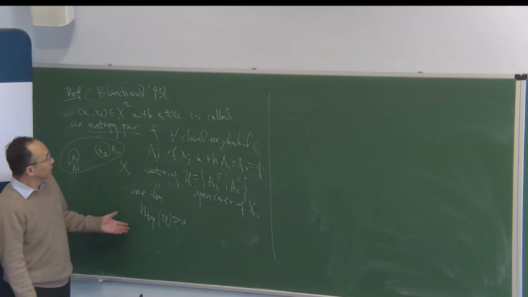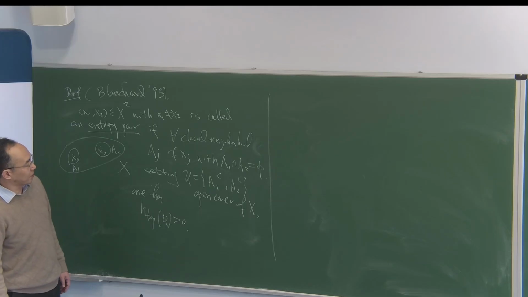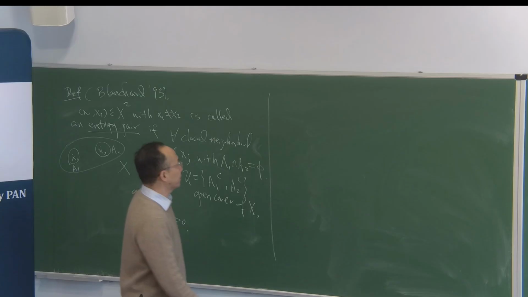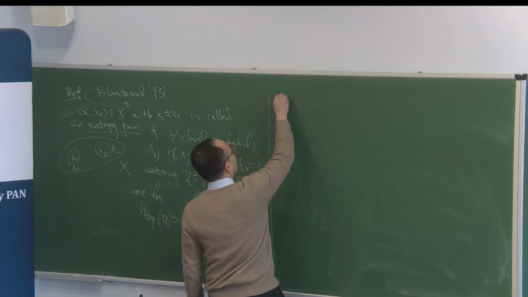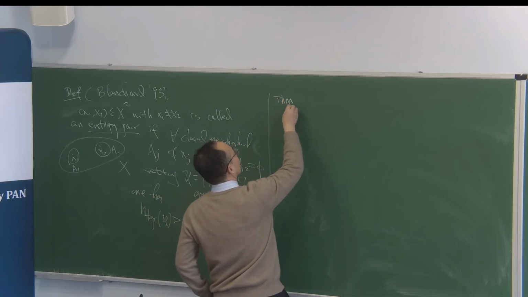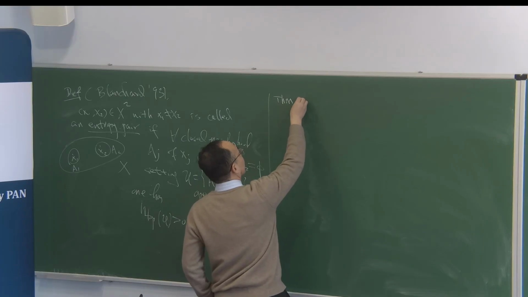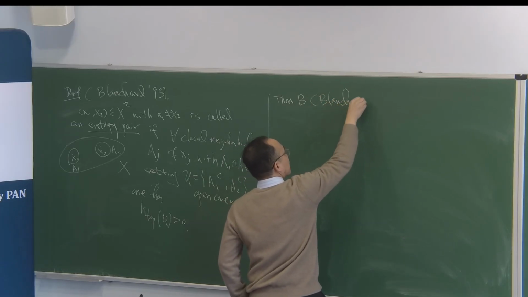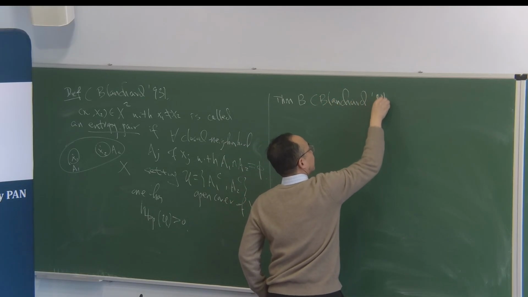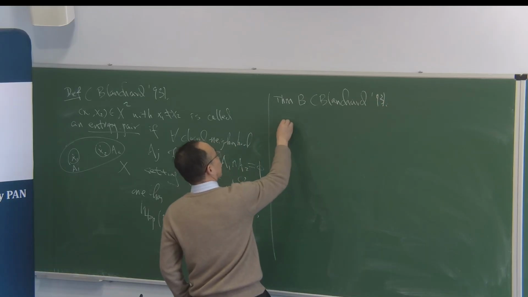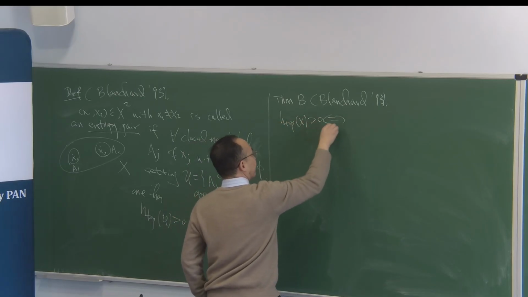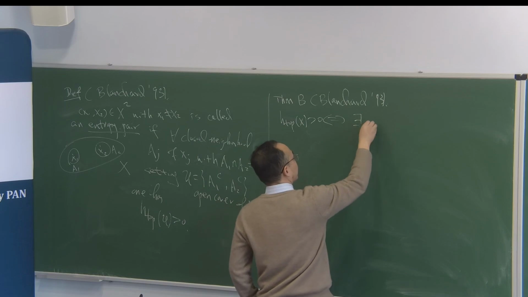So what Banach really showed is that the existence of such things characterizes whether the system has positive entropy or not. Theorem: he showed that a system has positive entropy if and only if there exist entropy pairs.